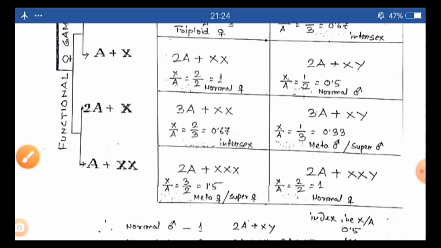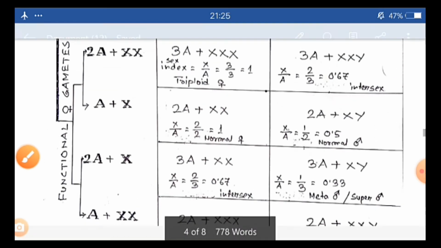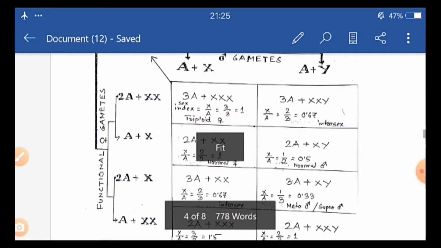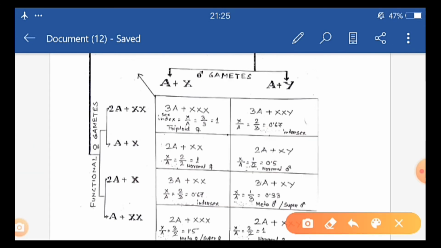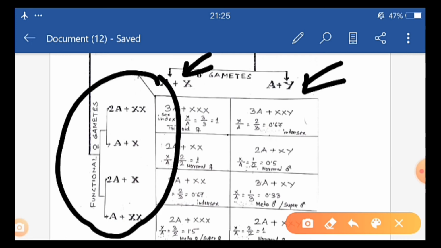Again I am showing you. These are the male gametes, A plus X and A plus Y, and these are the 4 female gametes. First one is 2A plus XX, second one is A plus X, third one is 2A plus X, fourth one is A plus XX.